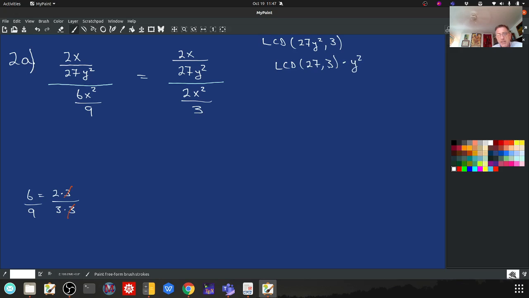Well, the LCD of 27 and 3, remember, is always going to be greater than or equal to the largest of the two numbers, and it's equal to the larger of the two numbers if and only if the smaller of the two divides it. So this is equal to 27y squared. That's my LCD. So let's go ahead and perform the simplification.